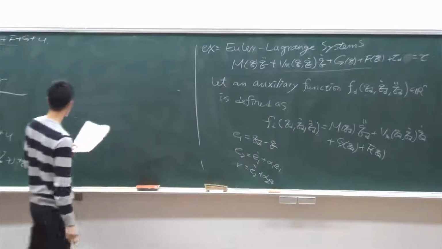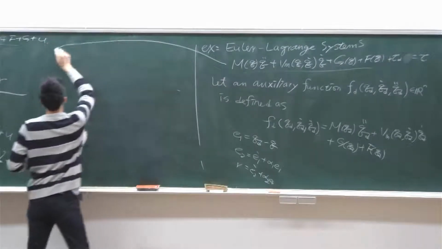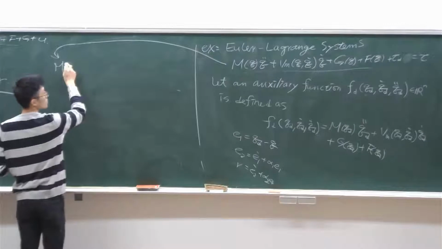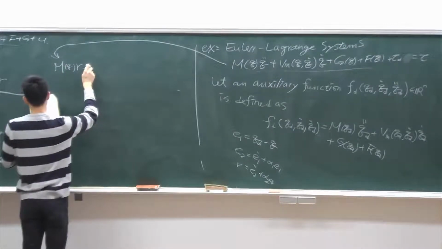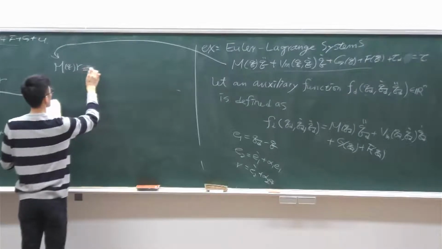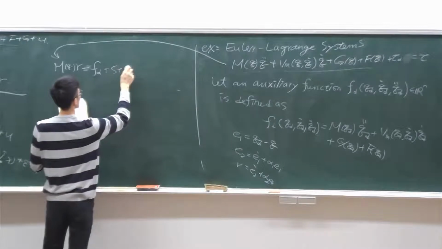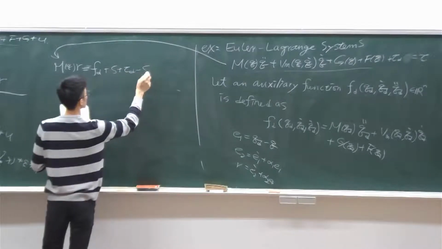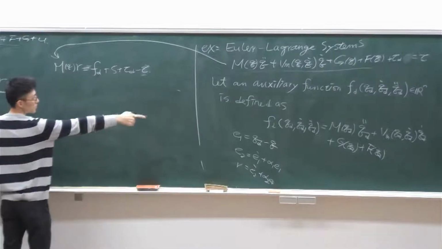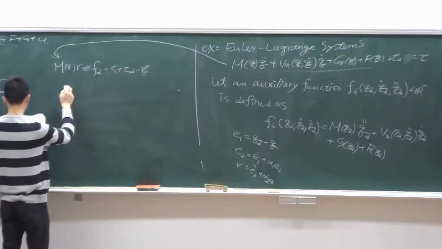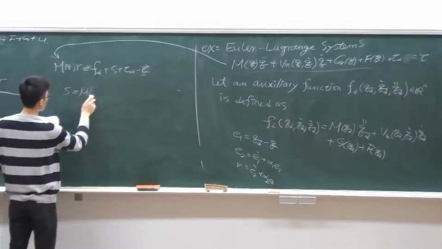Then we can rewrite this as M q R dot equal to FD plus S plus tau D minus tau. FD is the FD, S is the mismatch terms.